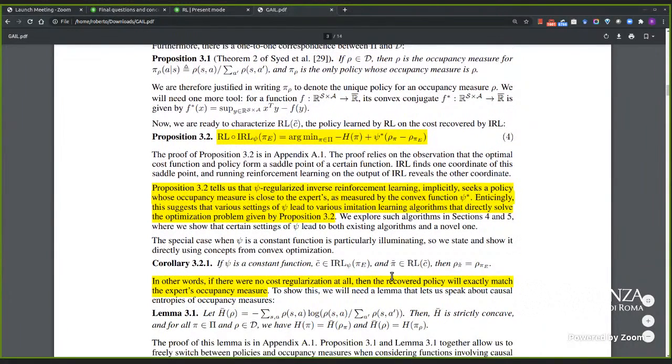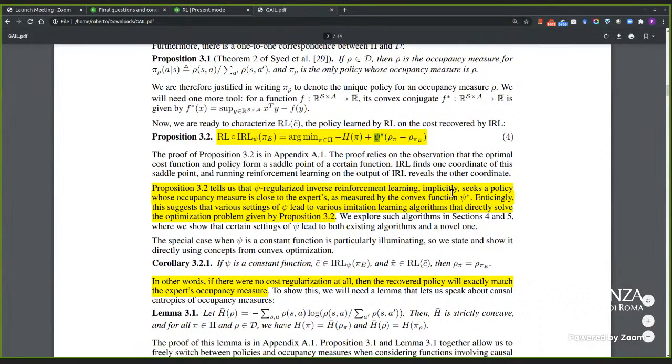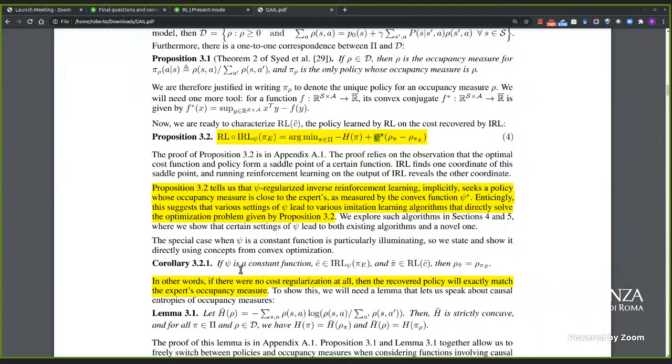Of course, this depends on how you compute this psi, which is a function again. So you are just translating the problem into a different space where this is convex, and then you're doing the optimization. And then they say, okay, now what kind of psi are we looking at?